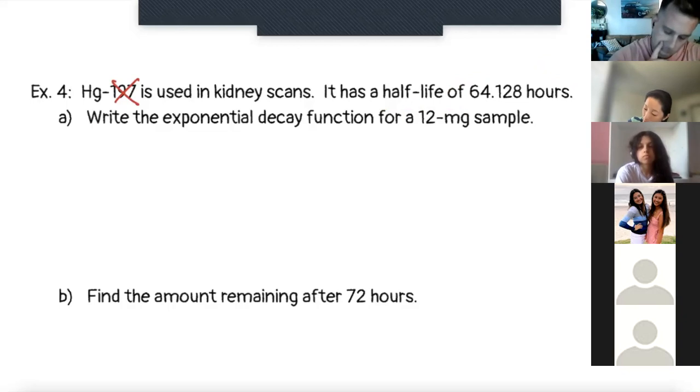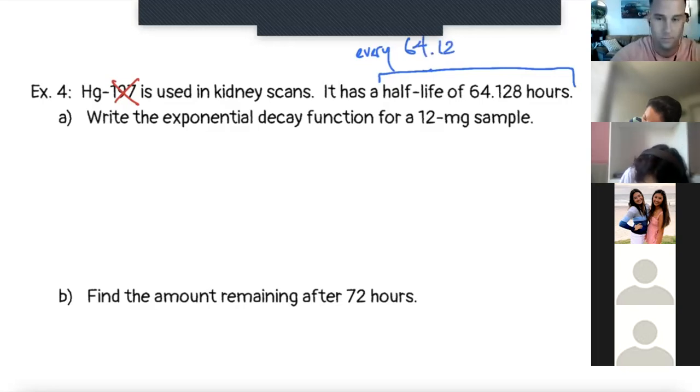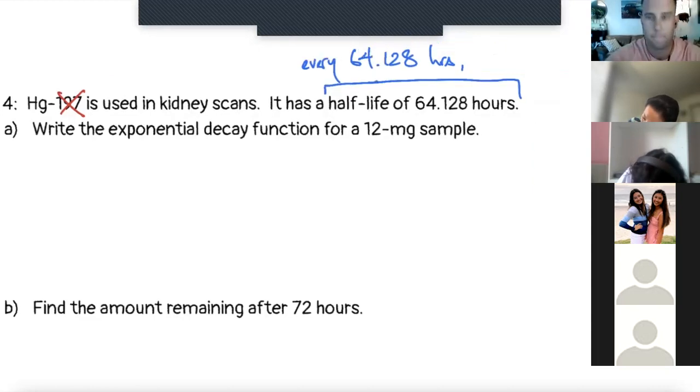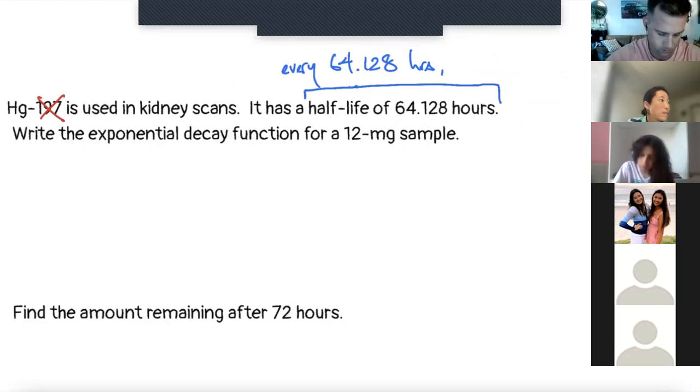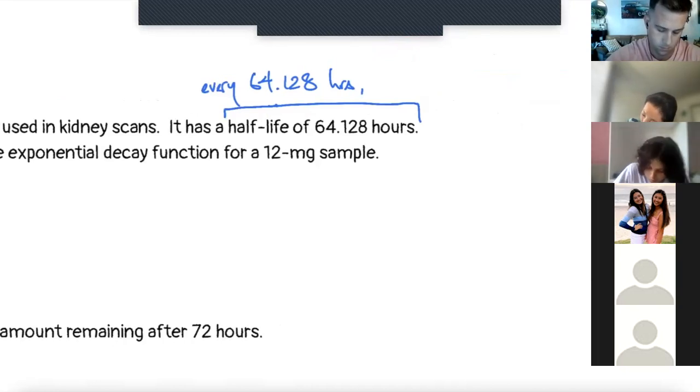And all that means is that every 64.128 hours, we lose 50% of the amount.